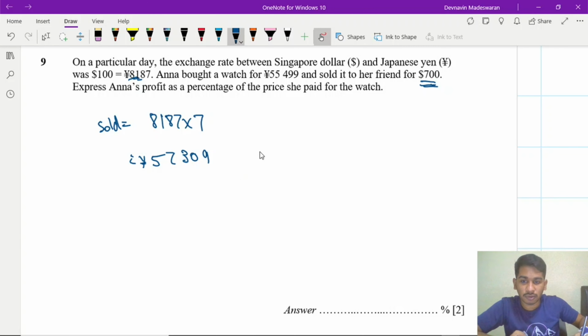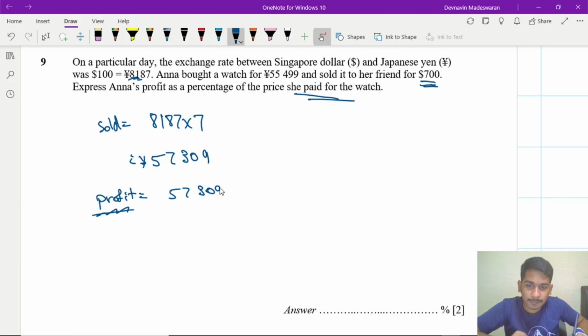So let's see the profits. Profit as a percentage of what he paid for the watch. So profit first is going to be 57,309 minus 55,499, which is 1810.